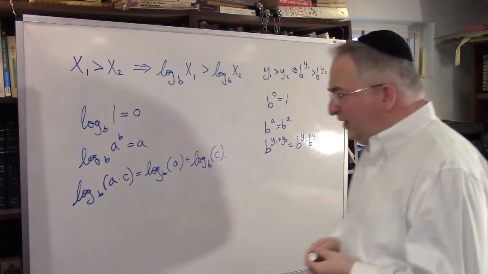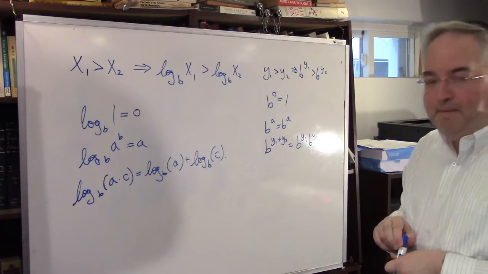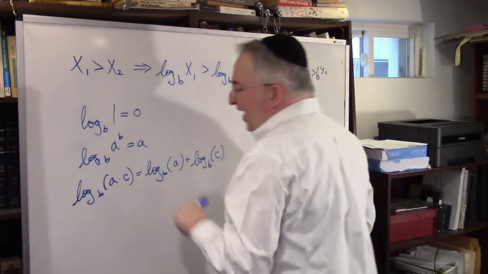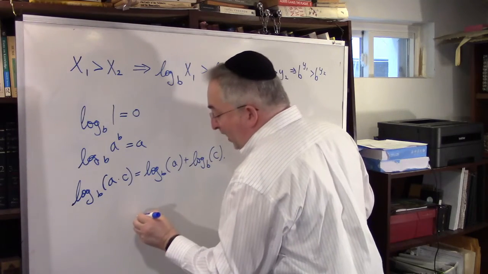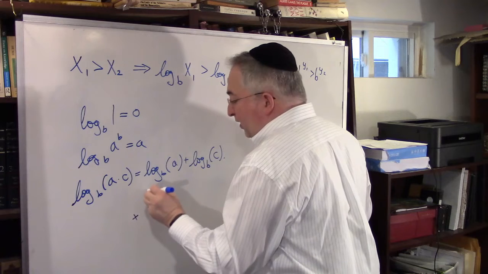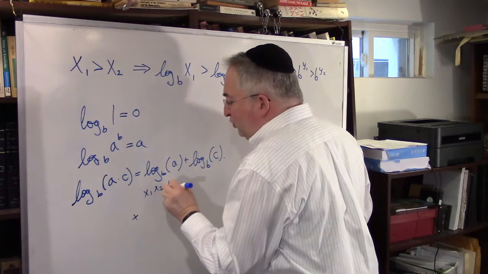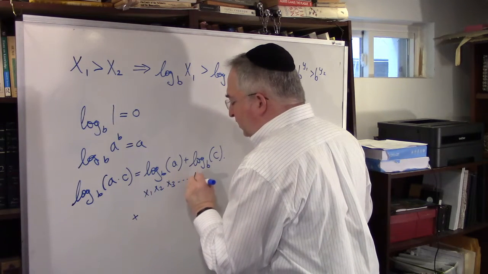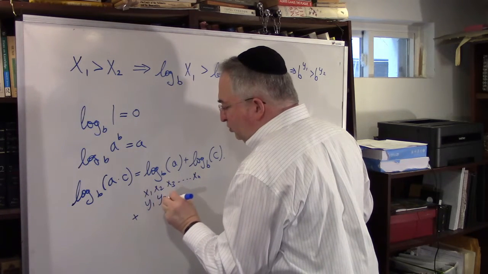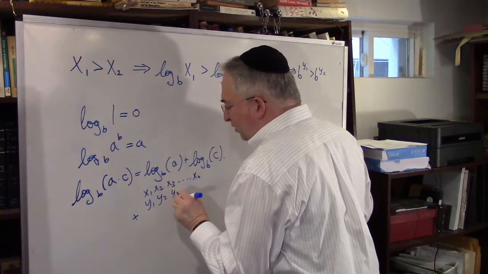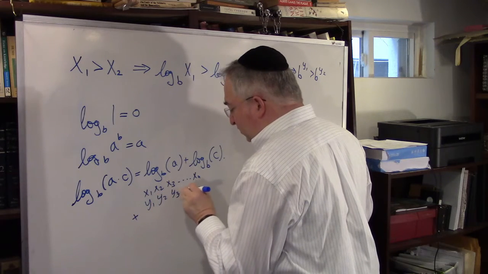The idea is as follows. Let's say I wanted to multiply two n-digit numbers. Okay, actually, let's say I wanted to add two n-digit numbers. So I have x1, x2, x3, up to xn, and I want to add y1, y2, y3, up to yn. I'm sorry, these are digits.